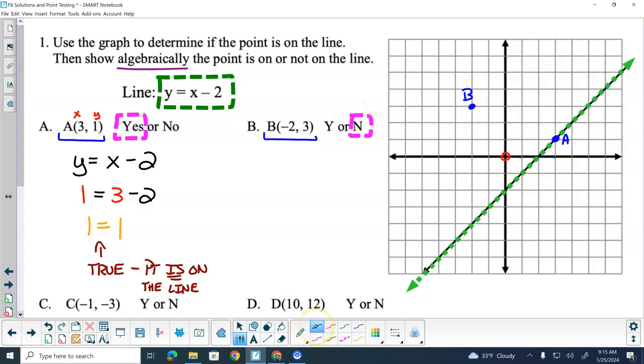Algebraically, we're going to start with our equation again. Y equals x minus 2. X and y, negative 2 and 3. Negative 2 minus 2, negative 4.